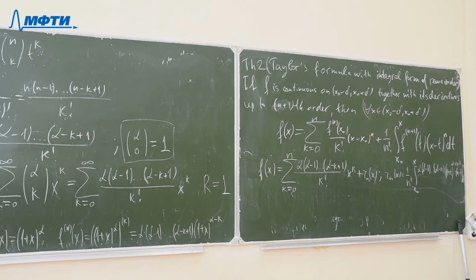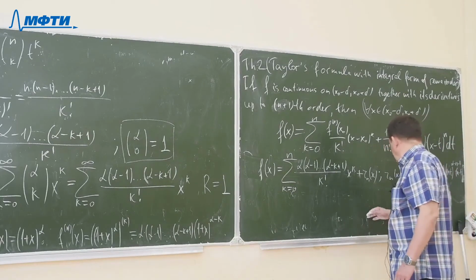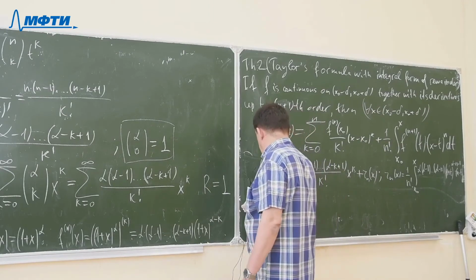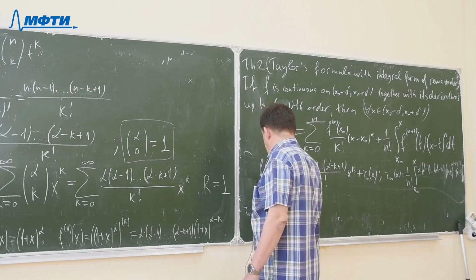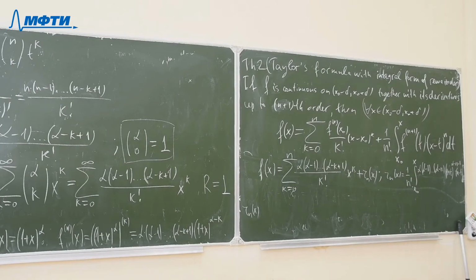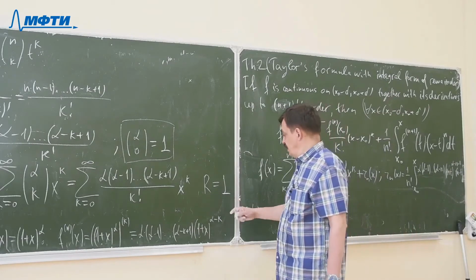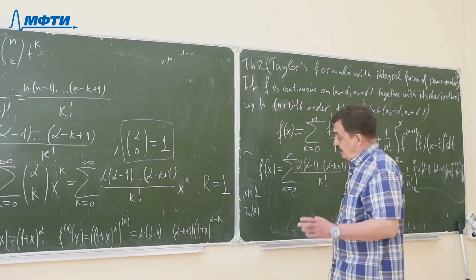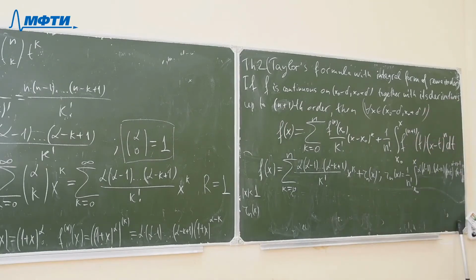Okay, so I want to estimate this Rn. So we need to prove that Rn tends to 0 as n tends to infinity for x less than 1. So we should consider x less than 1 in modulus.